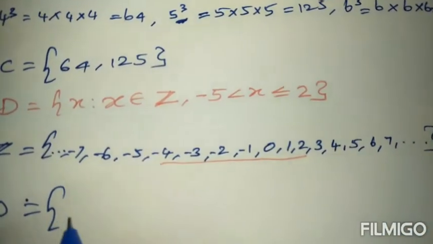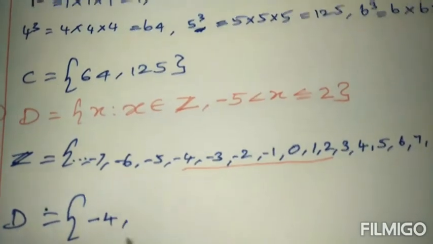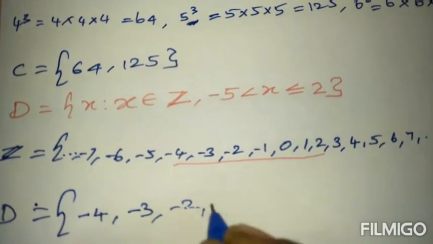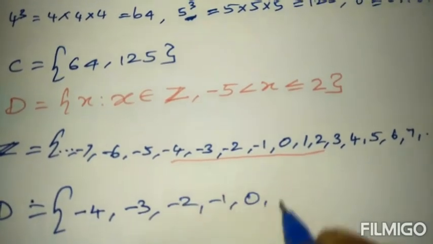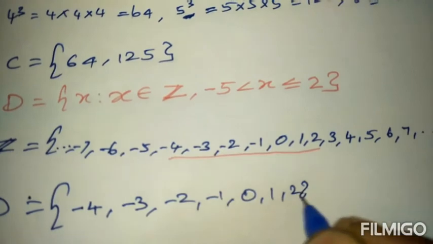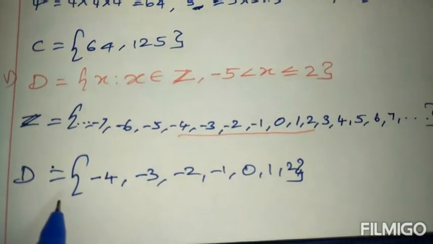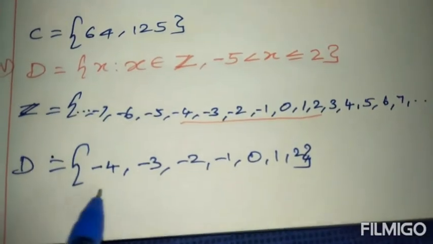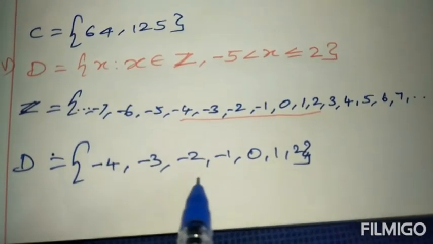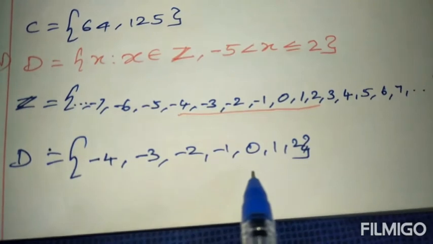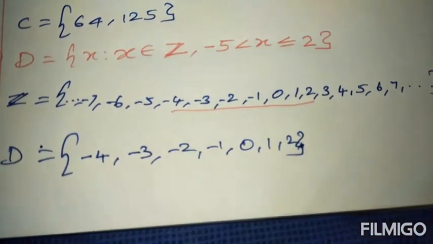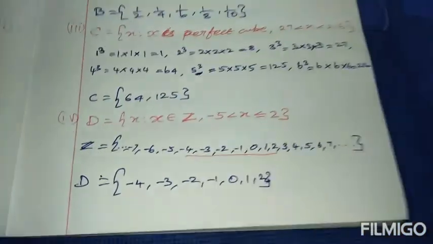So the elements are minus 4, minus 3, minus 2, minus 1, 0, 1, 2. That's all. So D is equal to {-4, -3, -2, -1, 0, 1, 2} is the roster form of D.